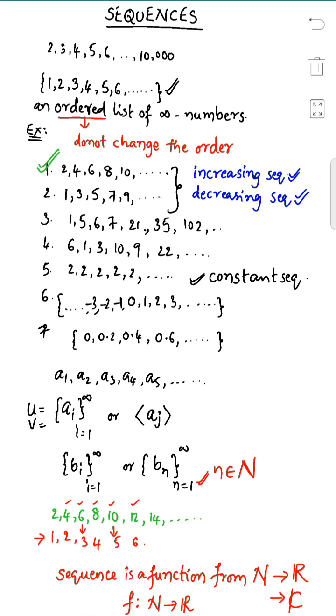Next we go to some more terminology of the sequence. So what is the terminology? Let's say we take the sequence a1, a2, a3, a4 and so on, and call this sequence u.